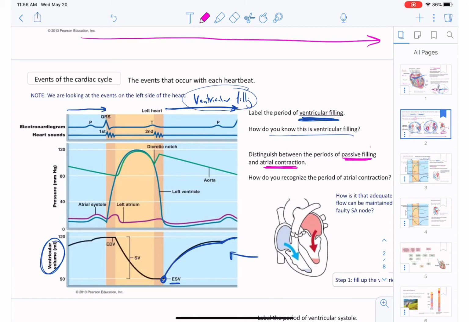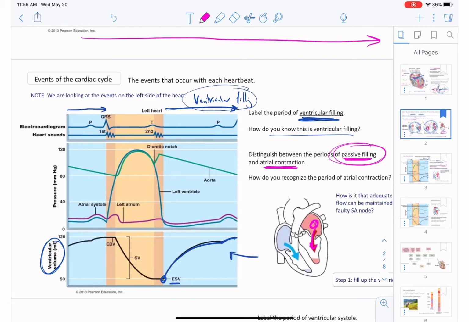First of all, what does passive filling mean? Passive filling means that blood is moving from the atria into the ventricles without contraction of the heart. So blood is moving simply from the atria into the ventricles just because of pressure differences, not because the heart is contracting.